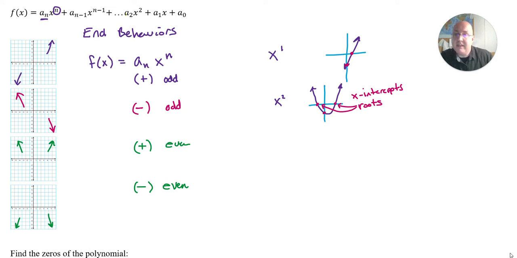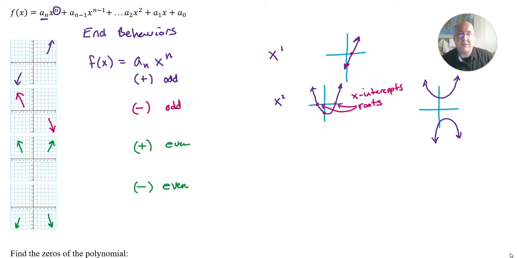And remember that back when we were talking about quadratics, there is a possibility where the parabola comes down and goes back up, and it never touches the x-axis. There are no x-intercepts, no roots, and that could happen in either direction. It could have been an opening-downward parabola that never goes as high as the x-axis.